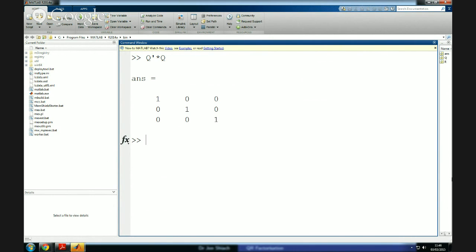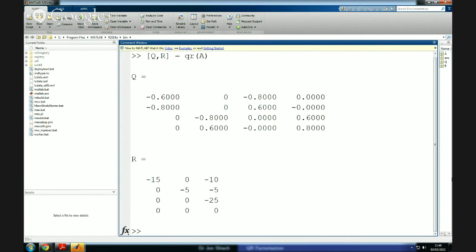Okay, as we'll see in the second lecture, there is not a unique QR factorization. There is another method which we can use, which will give us a different QR factorization. So, for example, I'm going to reproduce my matrix A, and I'm going to use MATLAB's QR function just to give me the QR factorization of A. If you notice here, it's given us a 4x4 Q. Well, using Gram-Schmidt, we only had a 4x3.